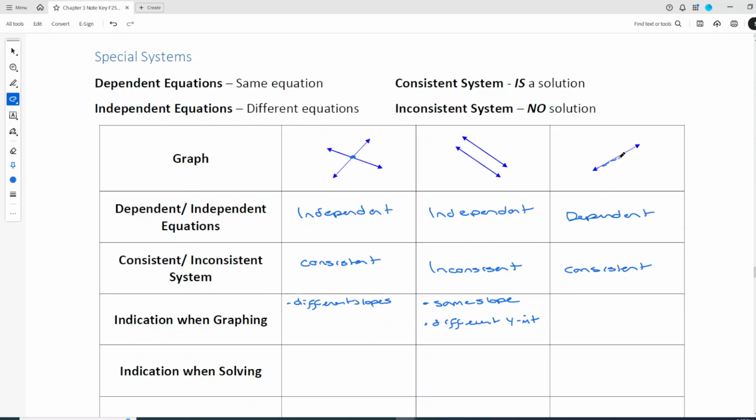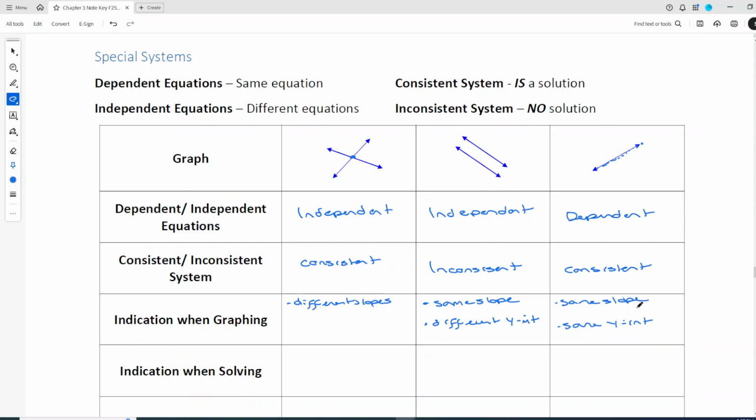There'd be solutions all the way along. There's going to be an infinite number of solutions. How are you going to know that you have dependent equations? Well, they're going to have the same slope and the same y-intercepts, right? They're going to be the same equation.